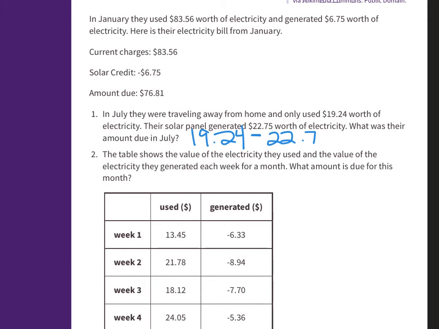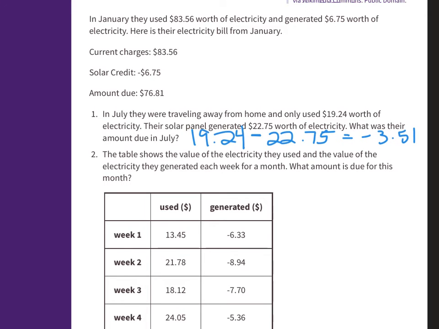Try that again. So, using my calculator, 19.24 minus 22.75 is negative 3.51, meaning the power company owes them $3.51 or is going to give them a credit for $3.51.